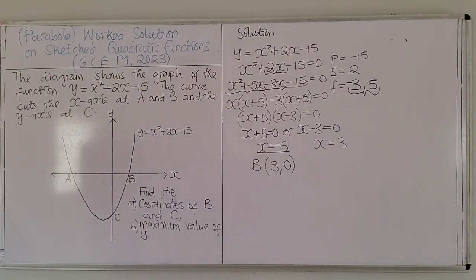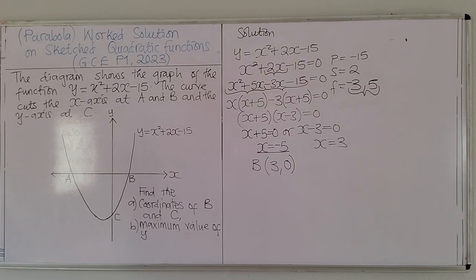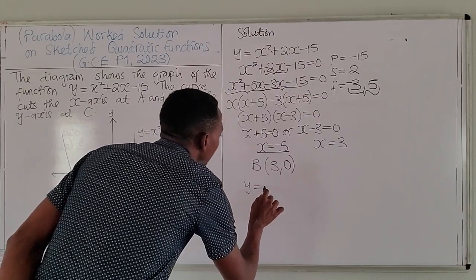Having done that, what we do next is to find the y-intercept. Like I said earlier, the y-intercept is always the constant, or we can find it. How do we find it?